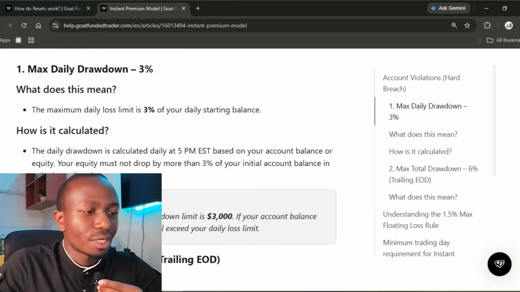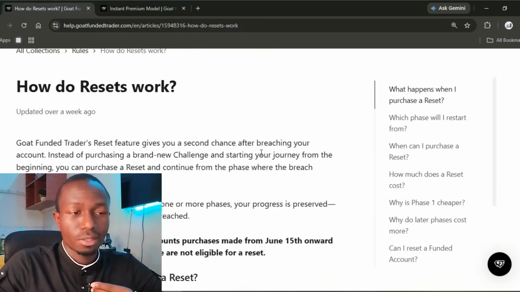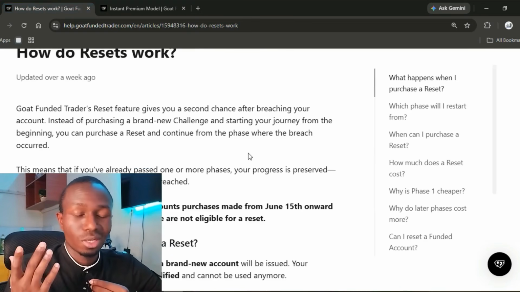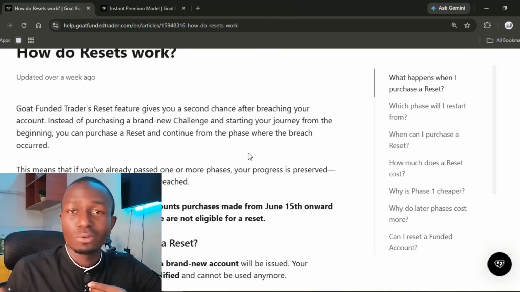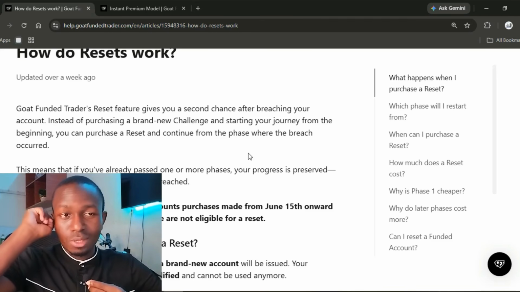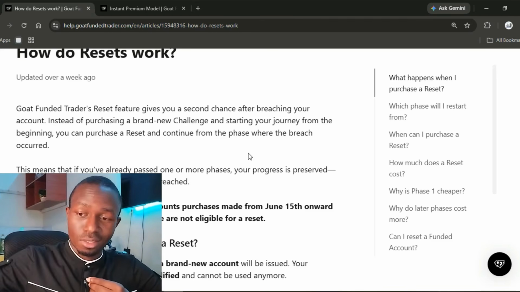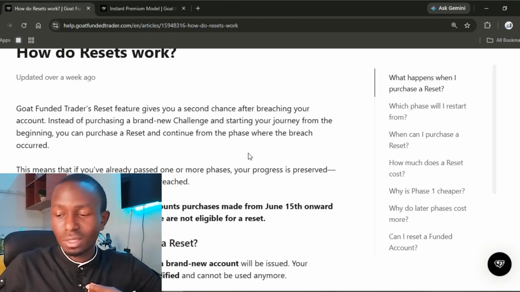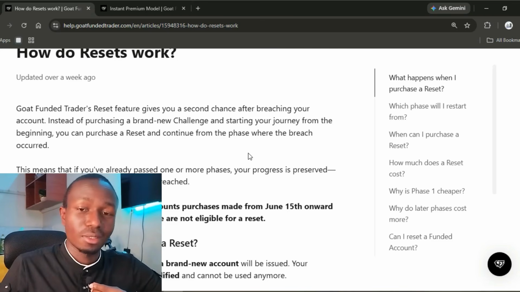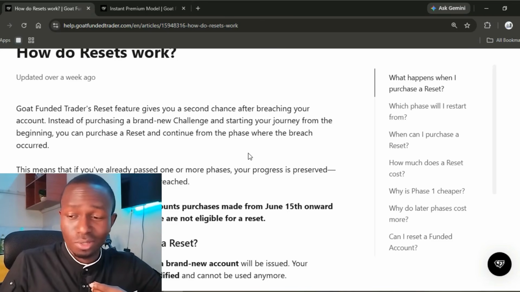All right, now let's check out the reset. Okay, they have recently introduced a reset where if you are on any phase 1, phase 2, phase 3 funded, you lose your account for some reason, because sometimes you will have a very good run and then 1 week will mess everything and you lose your account, or you will make a mistake and blow the account on the daily drawdown.